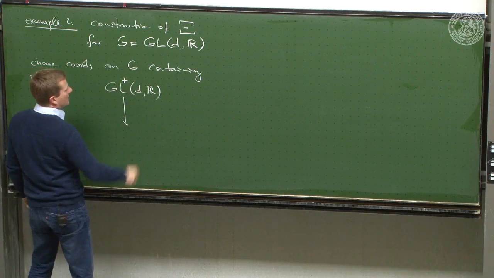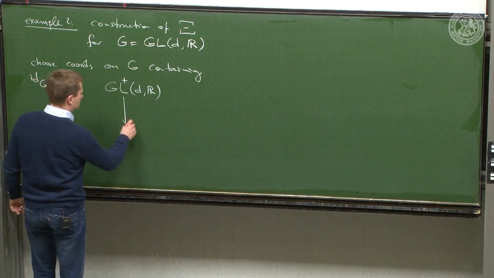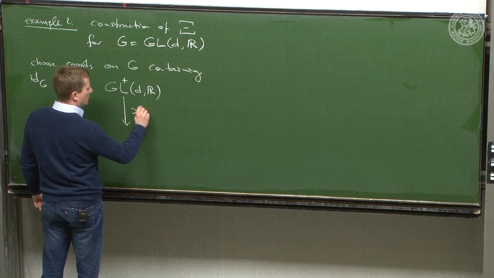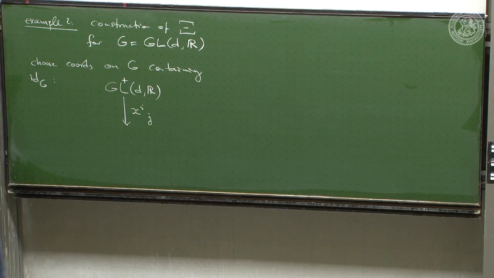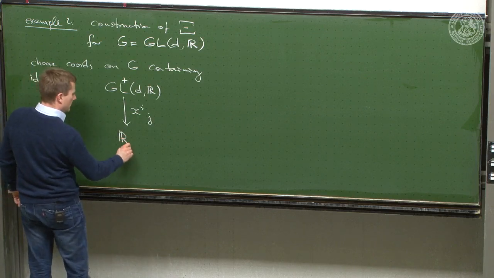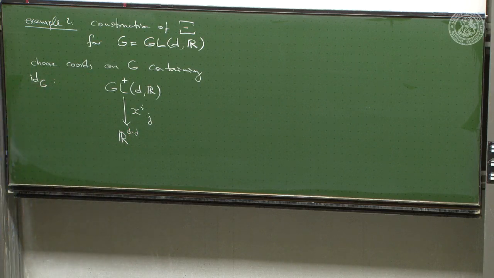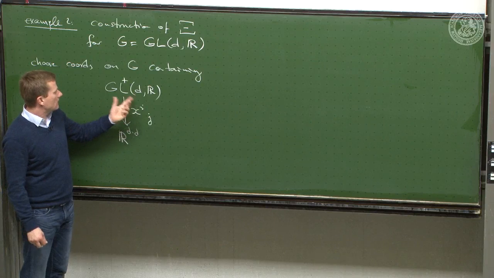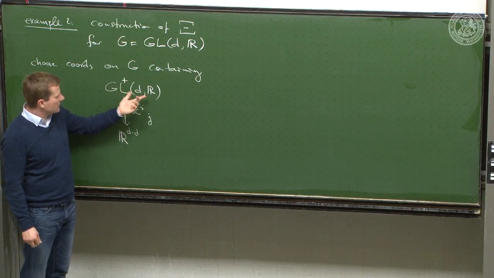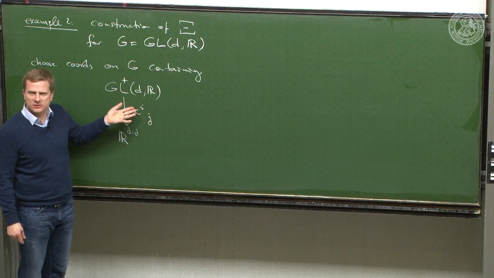And we can consider, of course, the general linear group as represented by matrices. So we choose coordinates x_ij, a double label, and we go down to R^(d×d). These are d by d real matrices. There is one determinant condition, the determinant doesn't vanish, but that's an open condition.